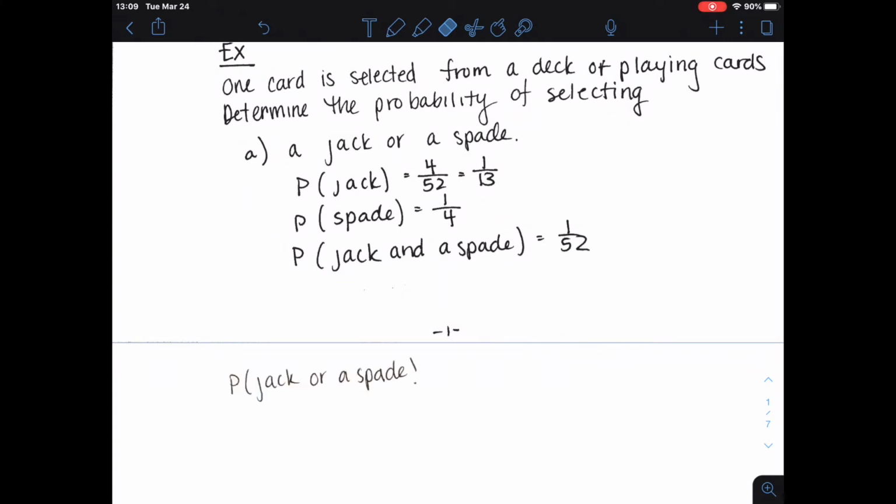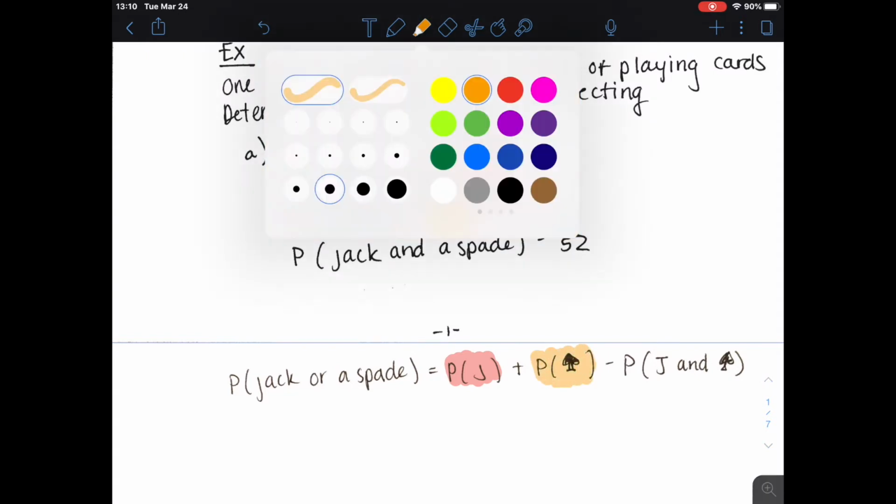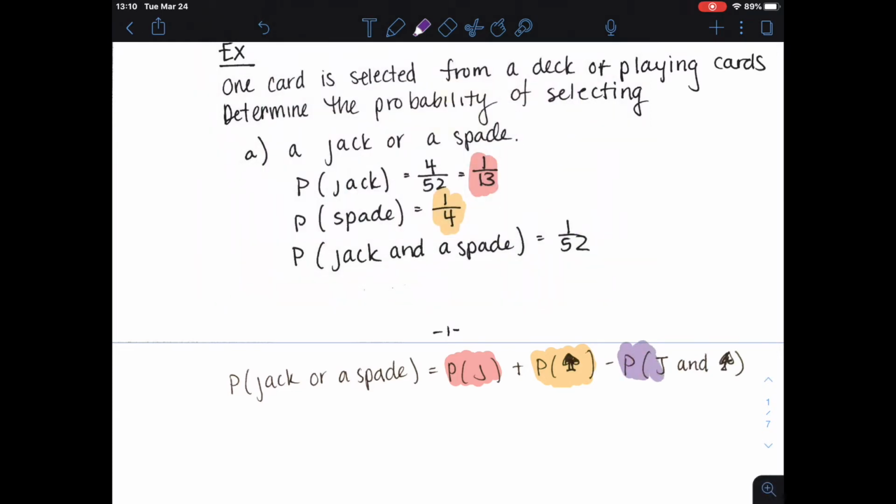The probability of a jack or a spade is going to equal the probability of a jack plus the probability of a spade minus the probability that both events are occurring. So the probability of a jack is 1 out of 13, the probability of a spade is 1 in 4, and the probability of it being a jack and a spade is 1 out of 52.